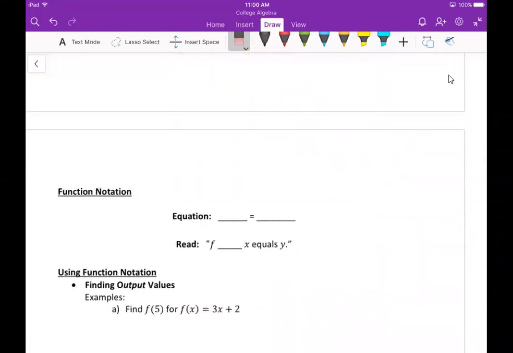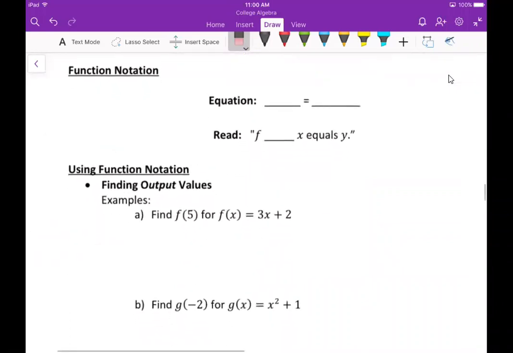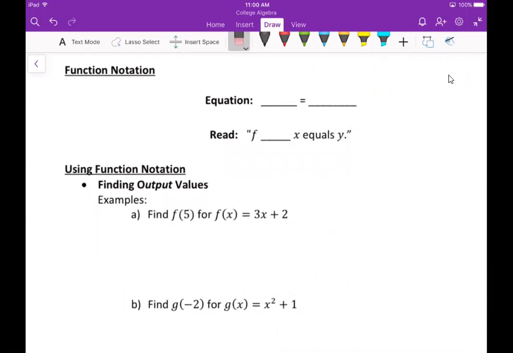All right, now, once we know if something is a function, then what we'll do is write our equation in a special way to tell us, hey, this equation right here, you don't need to graph it or do anything with it to tell if it's a function. I'm telling you by writing it this way that it is a function.